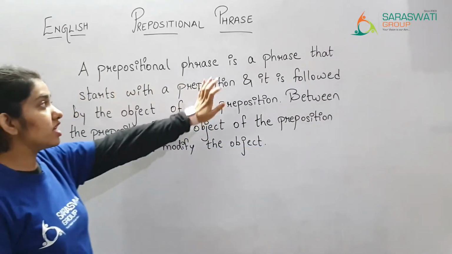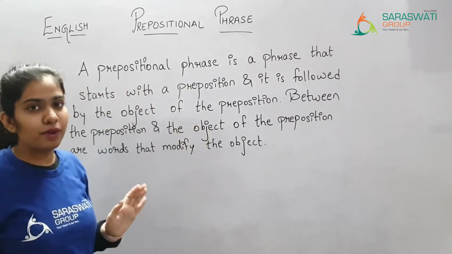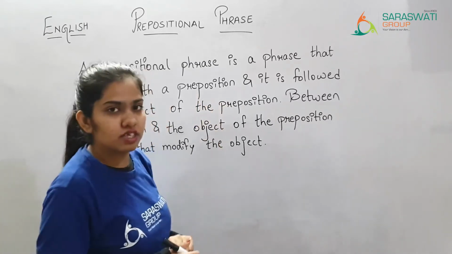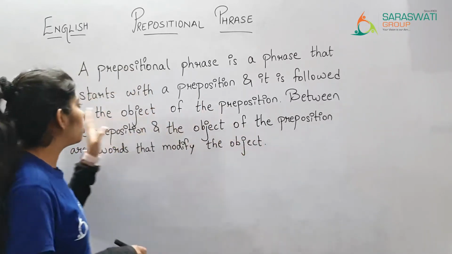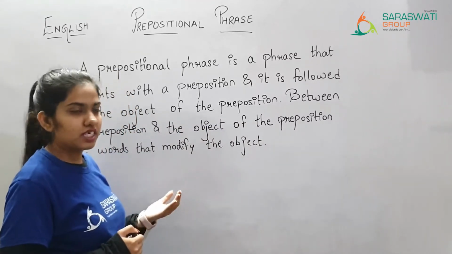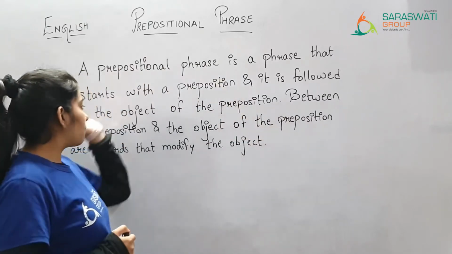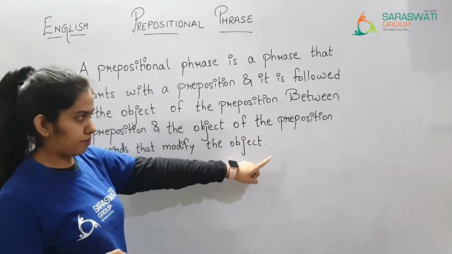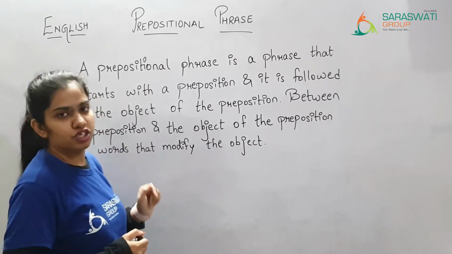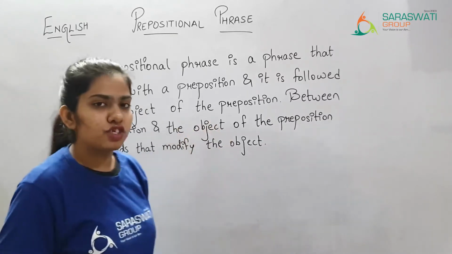A prepositional phrase is a phrase that starts with a preposition and it is followed by the object of the preposition. Between the preposition and the object of the preposition are words which modify the object.